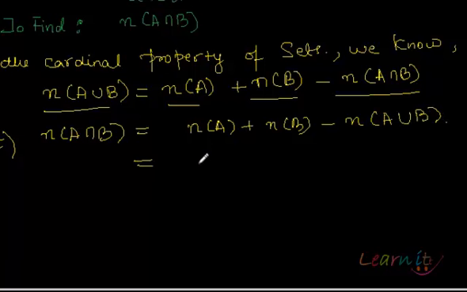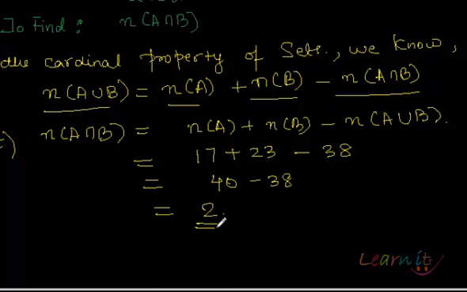Putting the values here, 17 plus 23 minus 38 implies that the intersection has 40 minus 38, that is 2 elements. So n(A intersection B) equals 2. There are just 2 elements in the intersection.